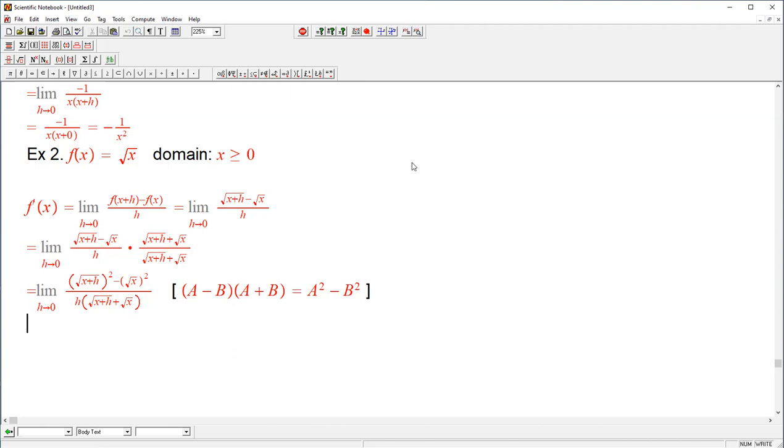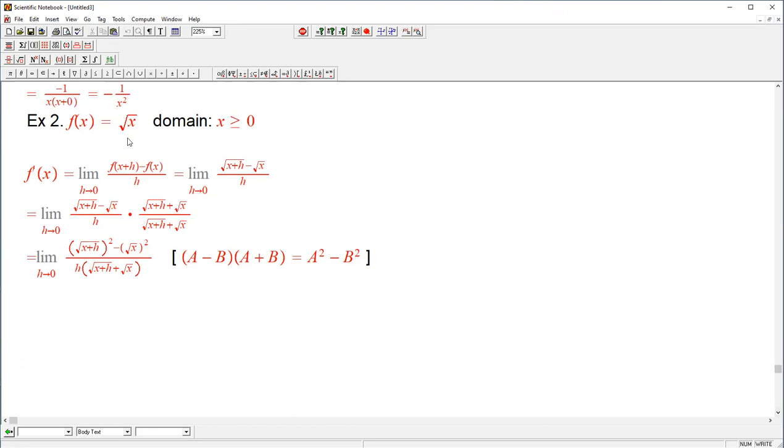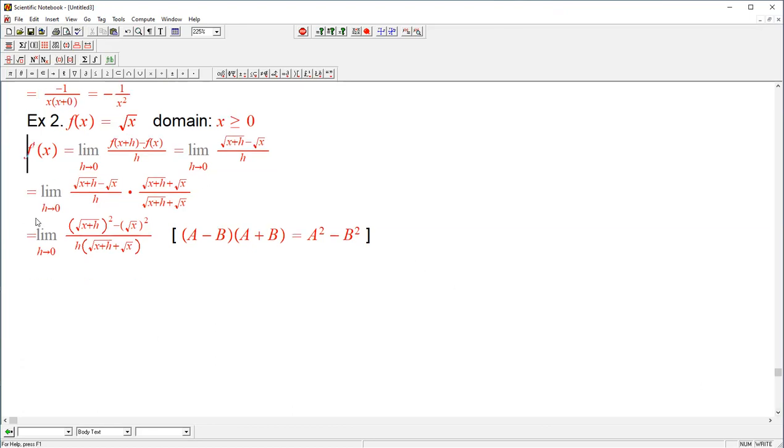Practice using these, because deriving it really would help you in the long run. Now we got to this point, and of course we're going to simplify. We keep the denominator as it is in the factor form, and the top is going to be just x plus h, minus x.